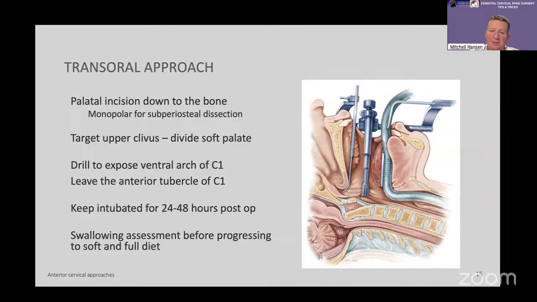But it's a bit more morbid than the endonasal approach because of posterior pharyngeal swelling. Certainly, keeping the patient tubed for a day or two can be useful to help with this swelling. And it's important to get a swallow assessment before progressing on to a full diet.